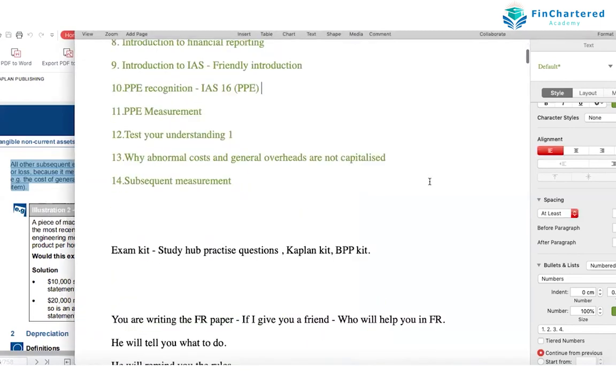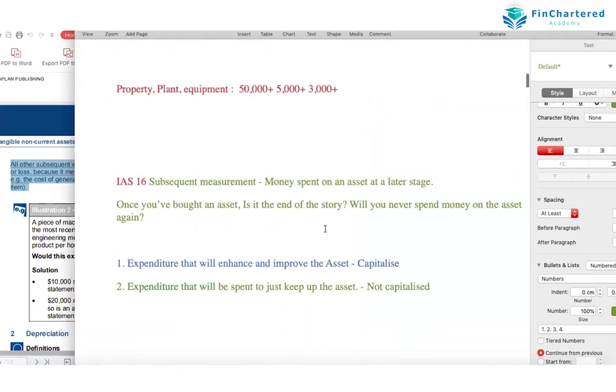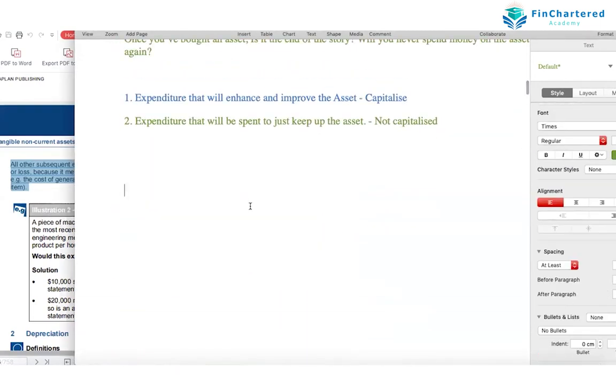Now, one more thing I want to tell you here is, if at all there is an expenditure that is incurred as part of mandatory checks, mandatory inspection. For example, you buy a flight, the flight is 10 million. And after 1 year, it is mandatory to do an inspection.